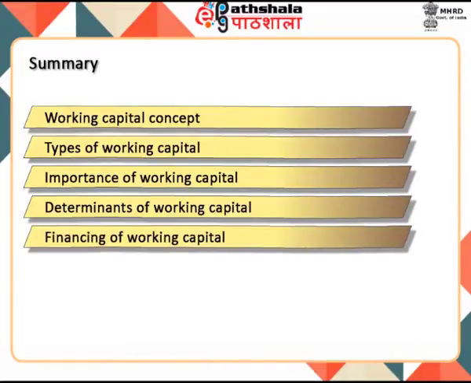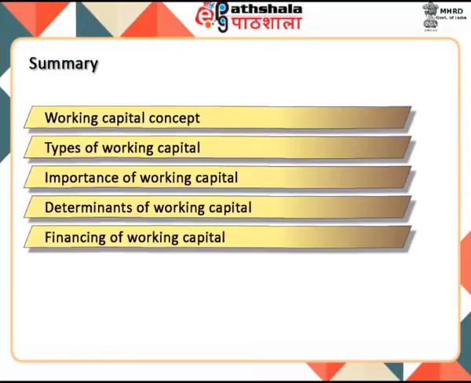The funds for working capital may be obtained through various sources like short-term and long-term. Firms follow different approaches to select these sources. These approaches are hedging, conservative, and aggressive approach. However, firms always face a risk-return trade-off while selecting any source.